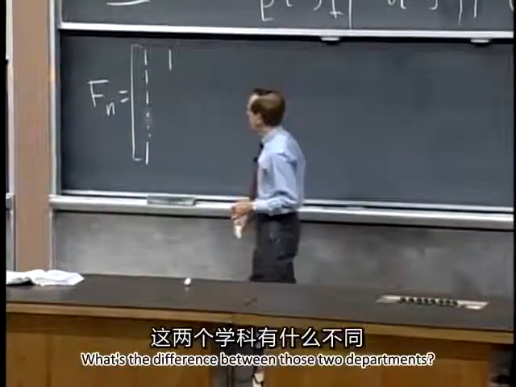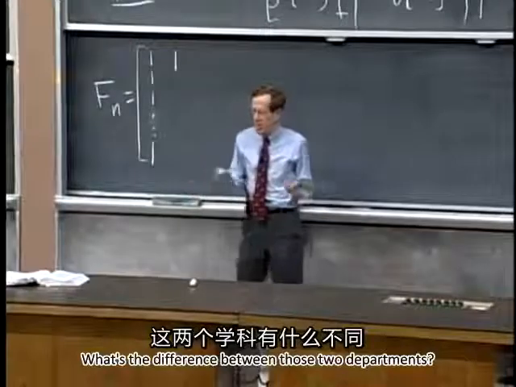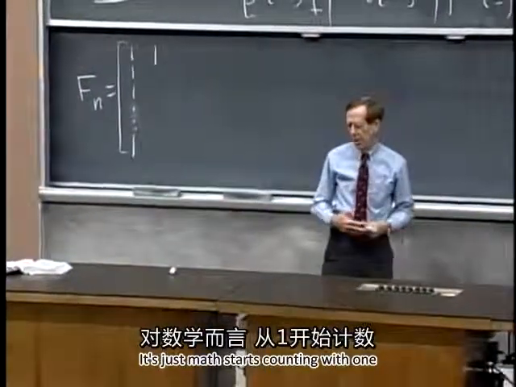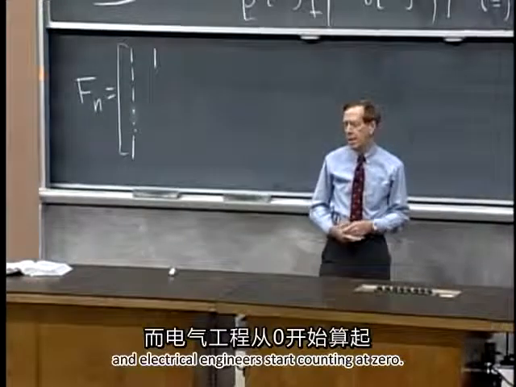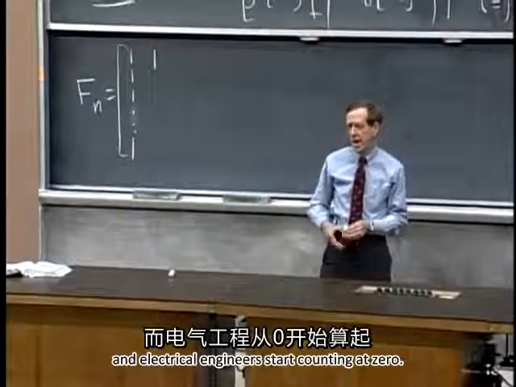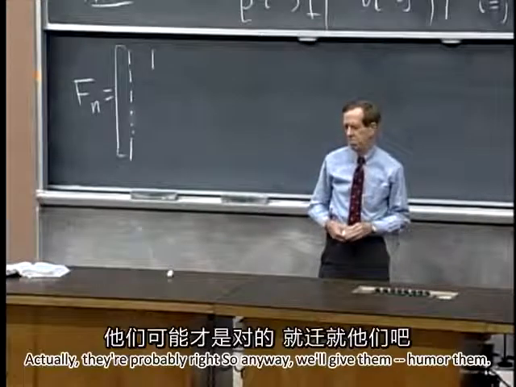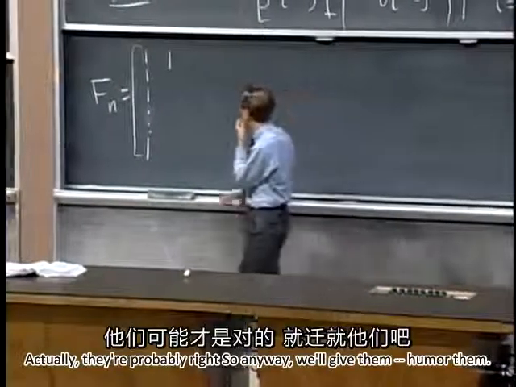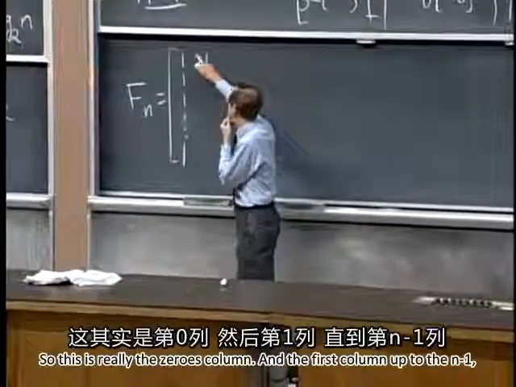Okay. What's the difference between those two departments? It's just math starts counting with 1, and electrical engineers start counting at 0. Actually, they're probably right. So anyway, we'll humor them. So this is really the 0th column.